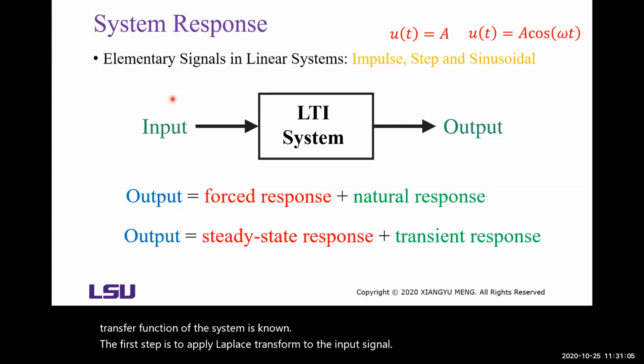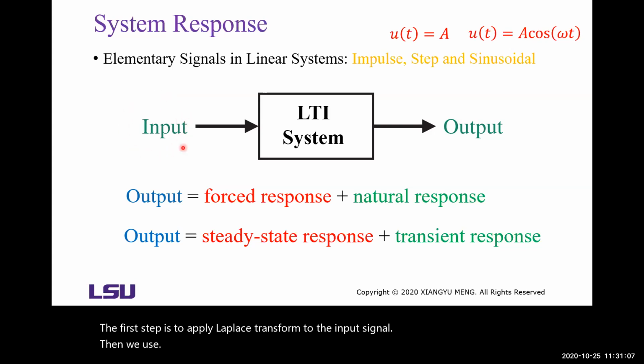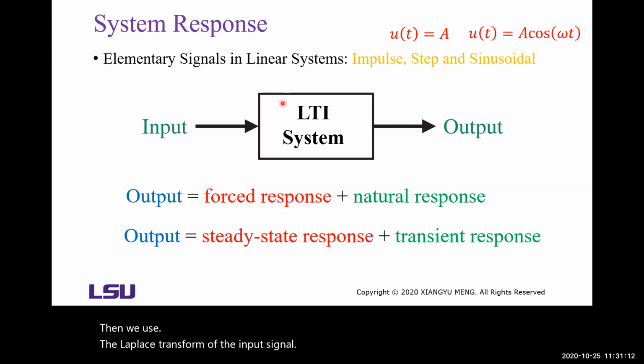Then we multiply the Laplace transform of the input signal by the transfer function. Then we get the Laplace transform of the output signal. Then we can use the inverse Laplace transform to get the time function of the output.